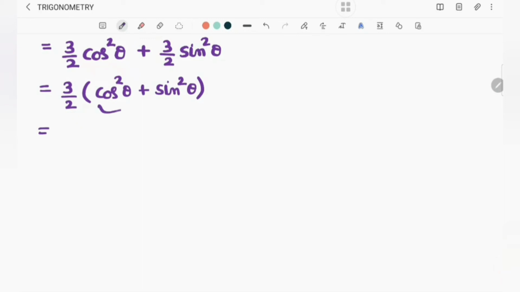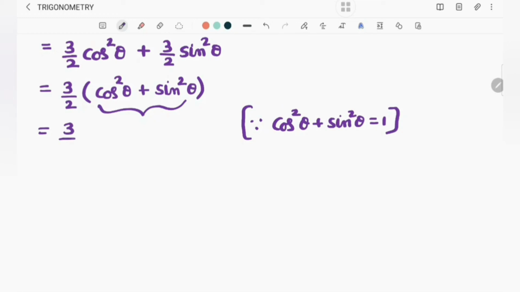Sin square theta plus cos square theta value is 1. So therefore 3 by 2 into 1 is equal to 3 by 2, the RHS. Hence proved.